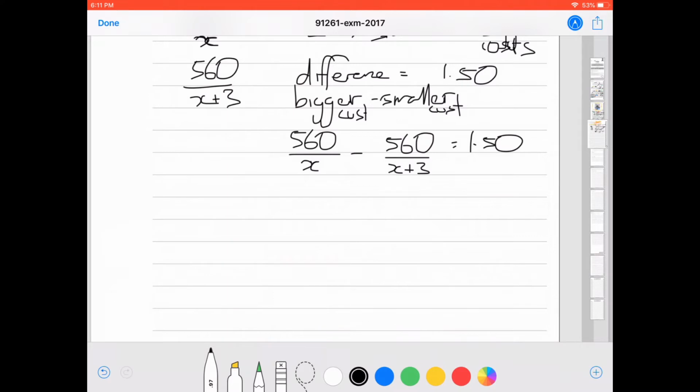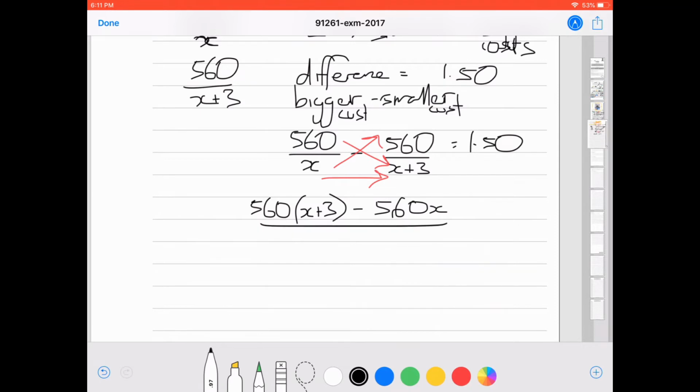So we can cross multiply. So we're going to multiply diagonally, and we're going to multiply our denominators. So we come up with 560 times x plus 3 minus 560x, and this is all over, we're going to be combining the fractions into one single fraction straight away.